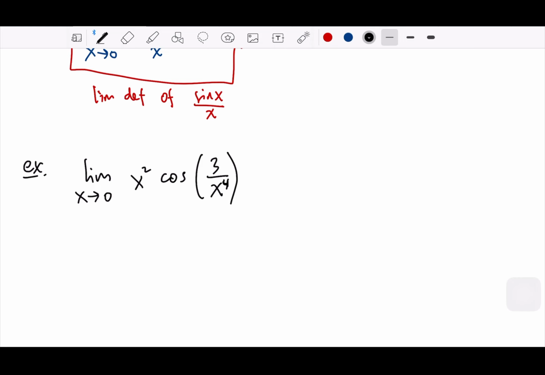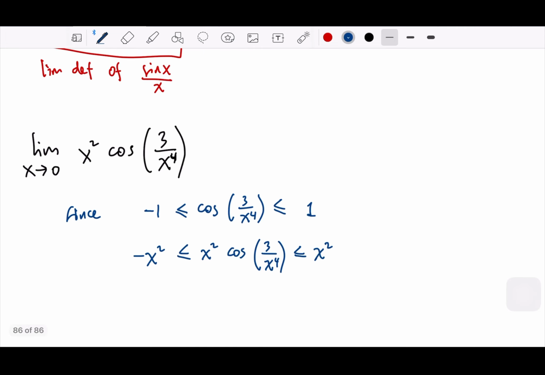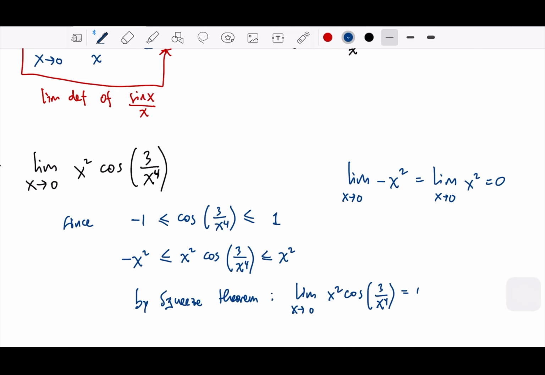So if we look here, we can try to prove this by saying that since the cosine itself will be between negative 1 and 1, and if we multiply this with x squared, and we know that the limit is equal to 0, then by the squeeze theorem, the limit is also 0.